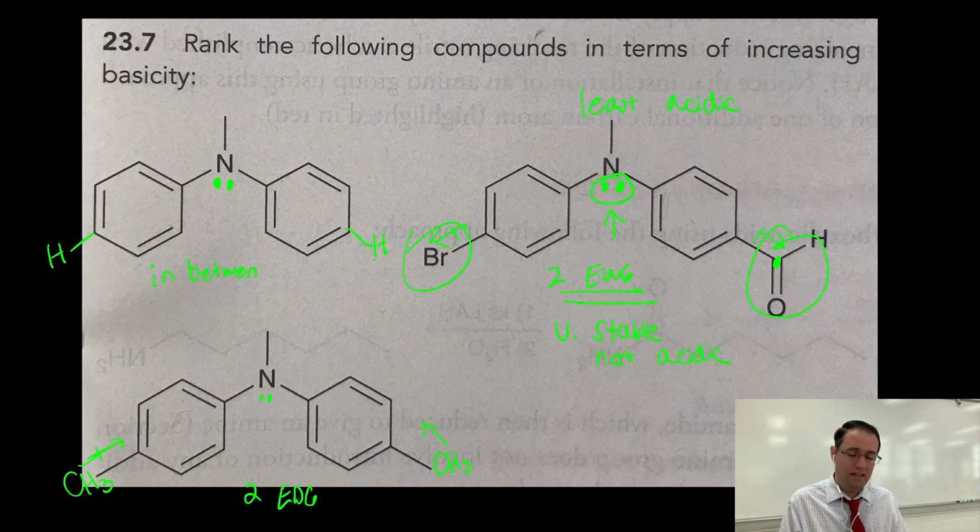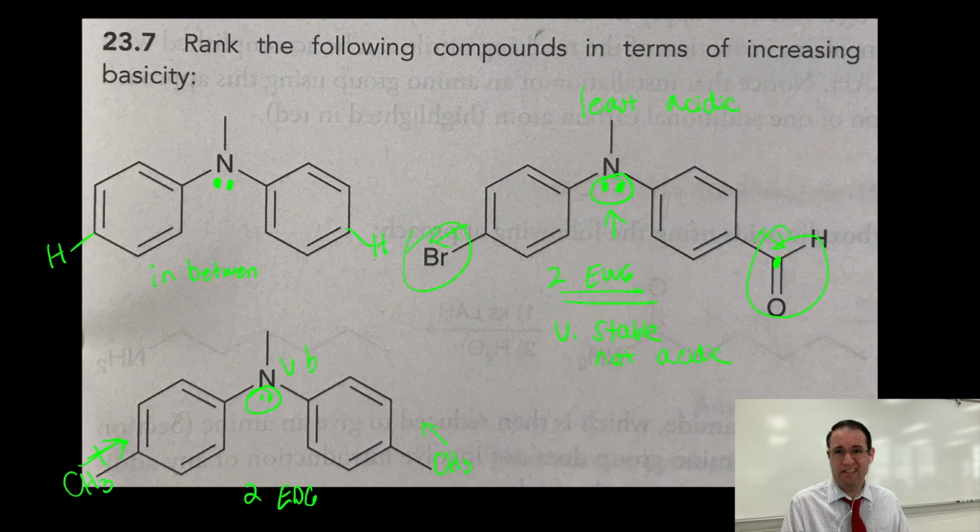Okay, and again, we think about electron donating groups as in the analogy I gave in the aromatic chapter. These are siblings that are saying, get off your butt, get off the couch, go vacuum, do your laundry, put away this. It's all cluttered in the hallway. You can't even walk down the hallway. So these electron donating groups anger the lone pair. They're pushing electrons towards the nitrogen, which already has lone pair electrons.